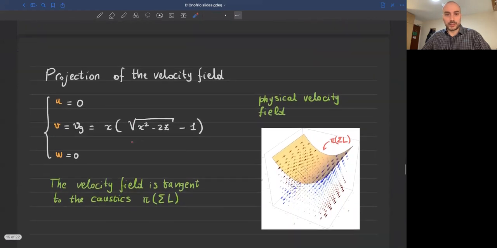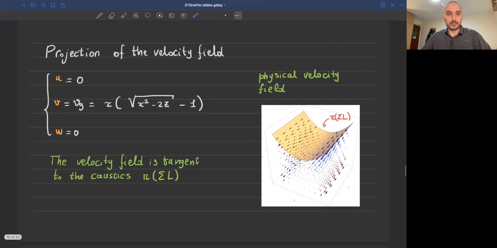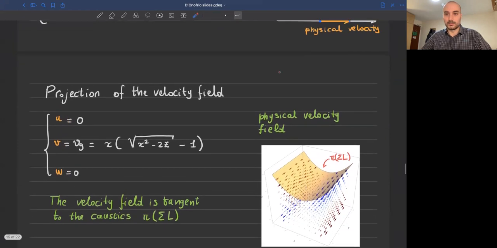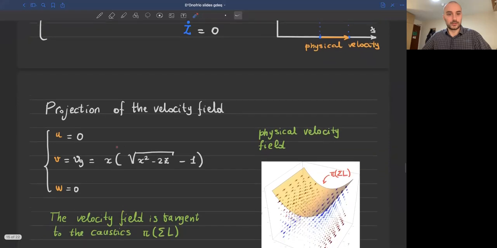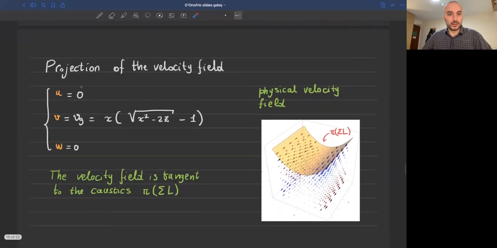And in this simple case, we are able to write explicitly the velocity field in the physical space. That is the yellow arrow over here. It turns out that there is only one non-zero component of it, and the only non-zero component is actually the y component.